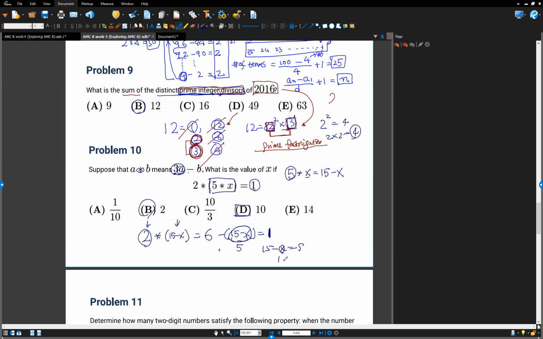X is 10. Can you solve this way now? Someone can find the answer very quickly without any work. Oh, that is a 5. Okay, X is 10. Without writing any work, using your eyes, we can see the answer. Okay, all right, that is number 10.